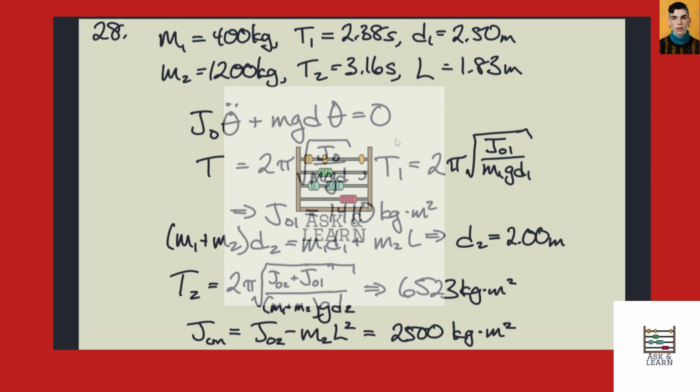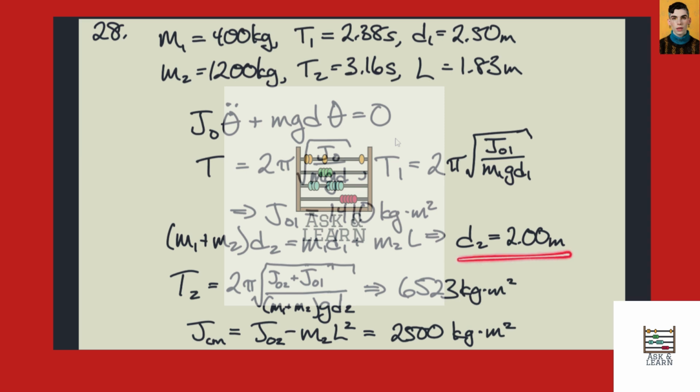Now, we need to figure out where the center of mass of the support structure and the car is. That is defined as the total mass times the center of mass of the system equals the sum of the mass times the length of the center of mass of each component. So the structure is M1D1, plus the vehicle, M2L.